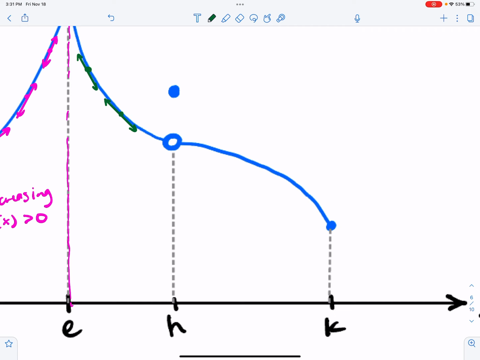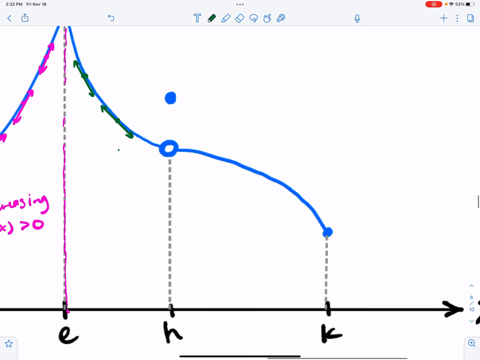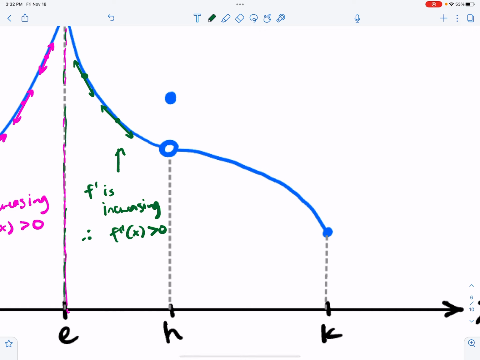So you could think of that first one as being a slope of like -3, and then going to maybe a slope of -2 or -1. So f prime is actually increasing on that interval. Therefore, f double prime is positive on this interval from E to H.